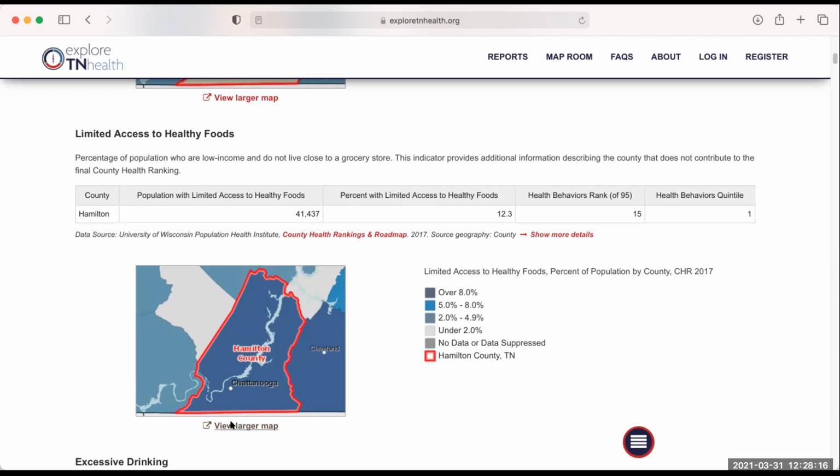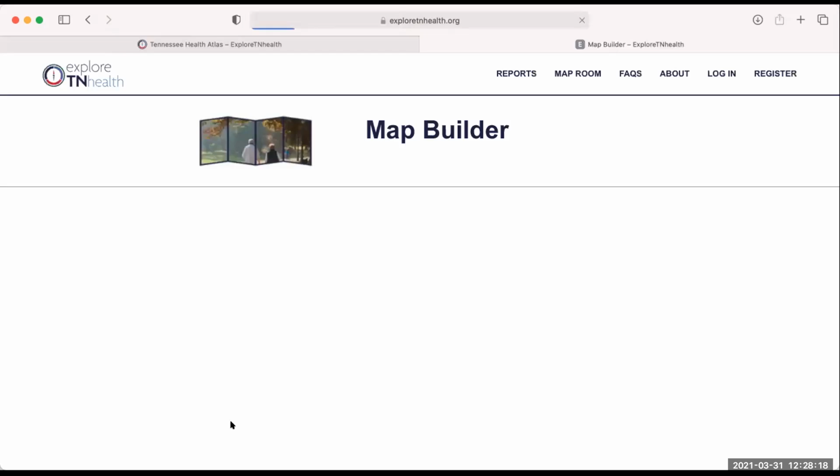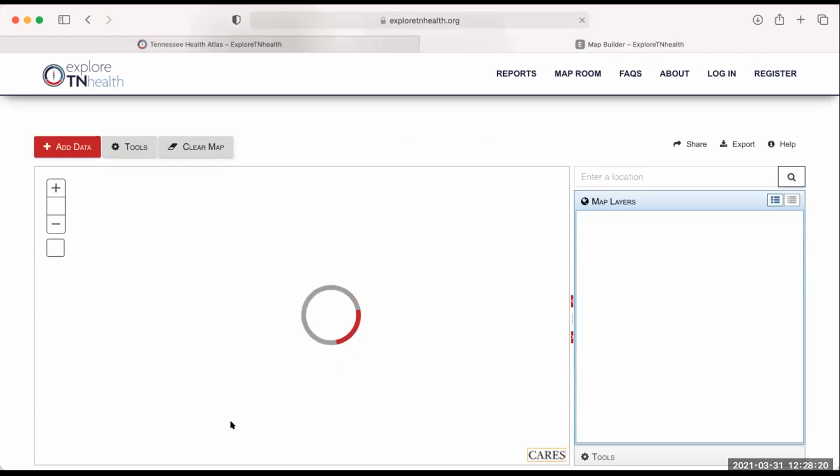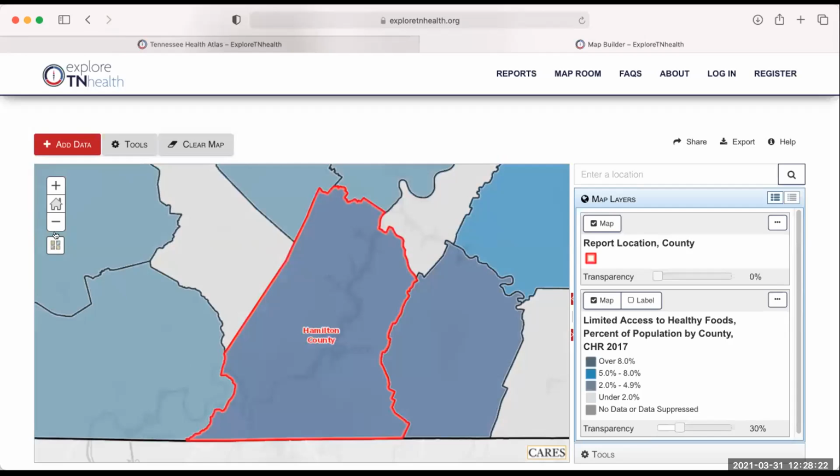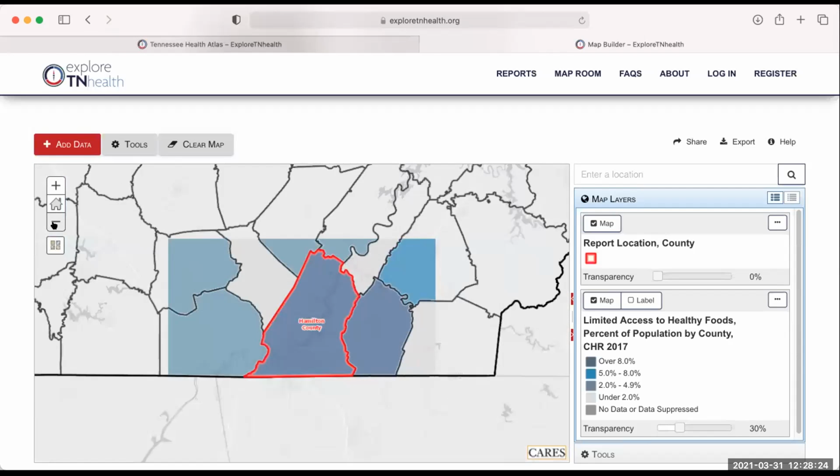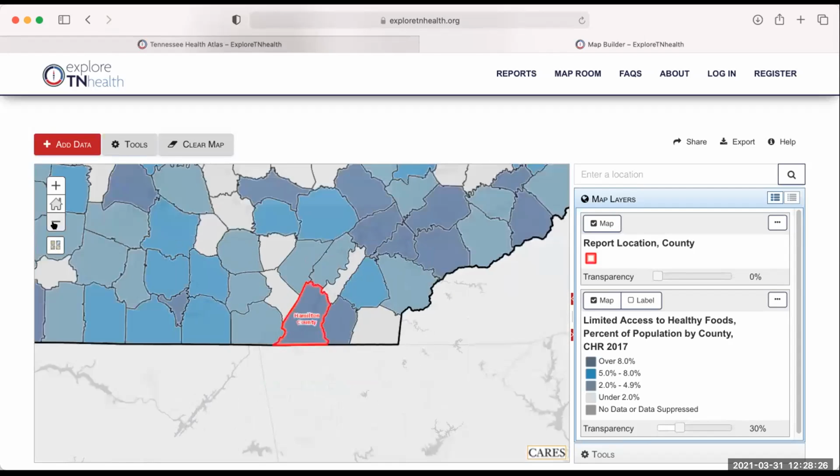Let's look at the larger map here. If we scroll out and look at the state as a whole, notice that Hamilton County and its neighbor to the east are a different color than some of the other counties around them. So there's something particular about the conditions in Hamilton County that sets it apart from many of its neighbors.